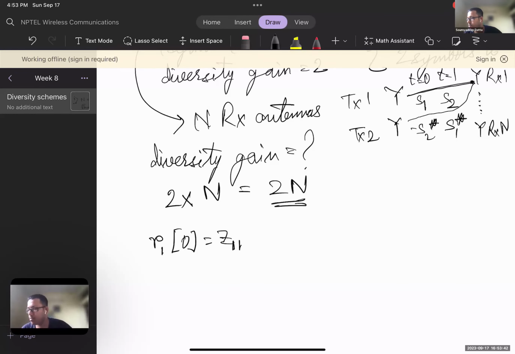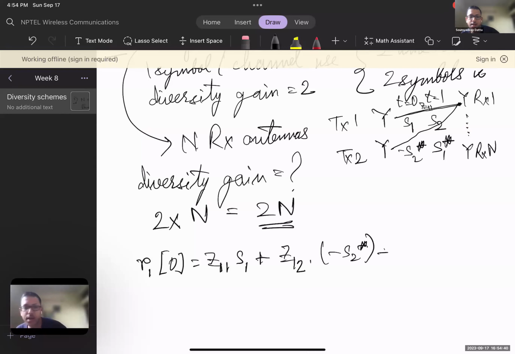And I'm also getting something from the second channel. That is Z12 times, in the first time instant, I'm sending minus S2 star. So Z12 times minus S2 star is there, and there is some receiver noise, N1, at time t equal to 0. Now at time t equal to 1, the channel remains the same, but the symbols transmitted become different.